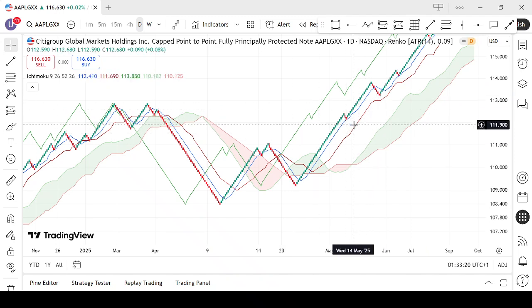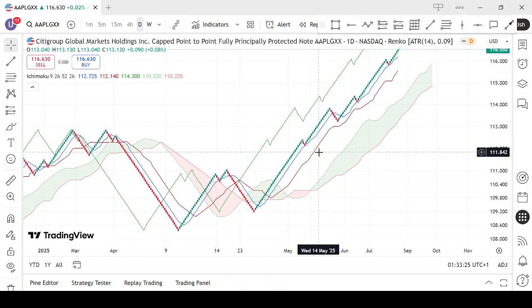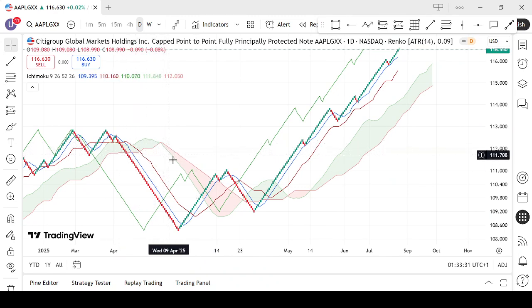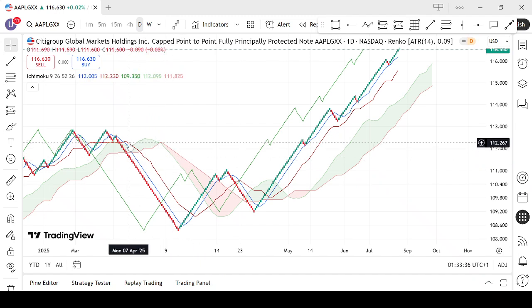Now for a sell setup, the reverse is the case. You look for the opposite conditions. Price must be below the Ichimoku Cloud, and as you can see at this area, price is below the cloud. That is the first criterion.